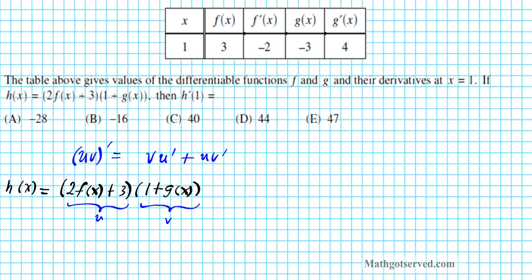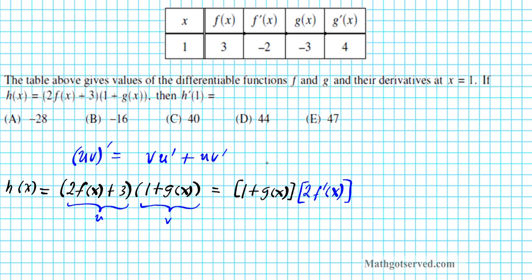So if we apply the product rule, we're going to have v, which is 1 plus g of x, times u prime, the derivative of that. We just find the derivative of these two functions. If you differentiate that, you have 2 f prime of x, derivative of 3 is 0. Okay, so that's the derivative of u, that's u prime.